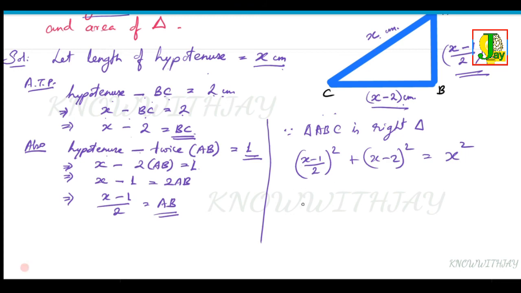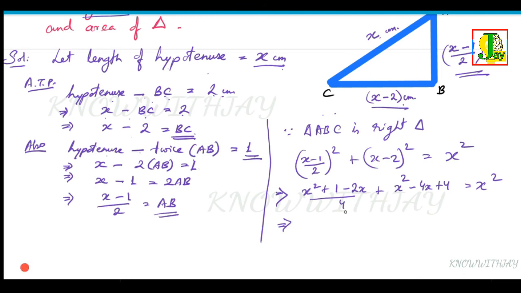Now you need to write this in the form of a quadratic equation. So that's x squared plus 1 minus 2x by 4, plus x squared minus 4x plus 4 equals x squared.